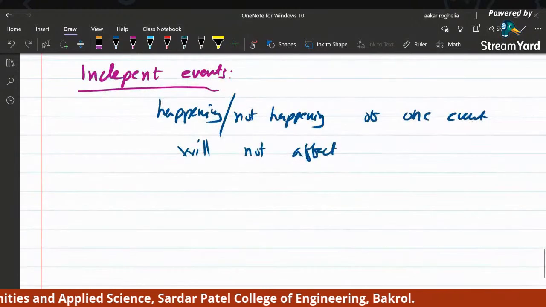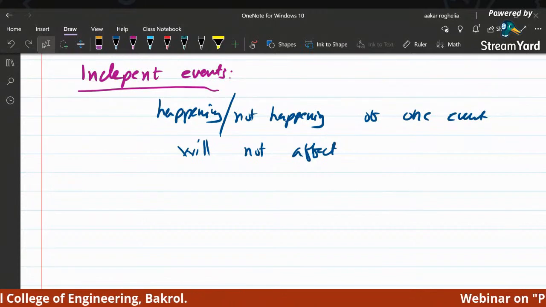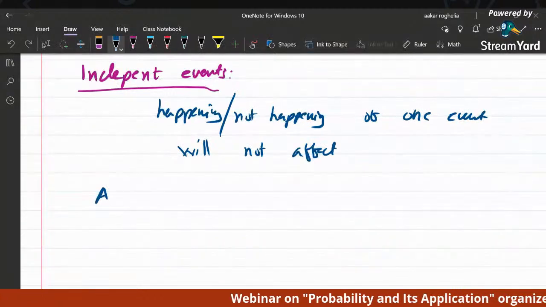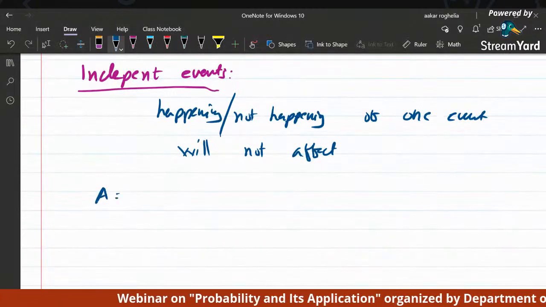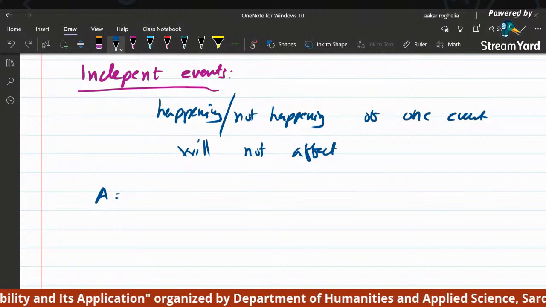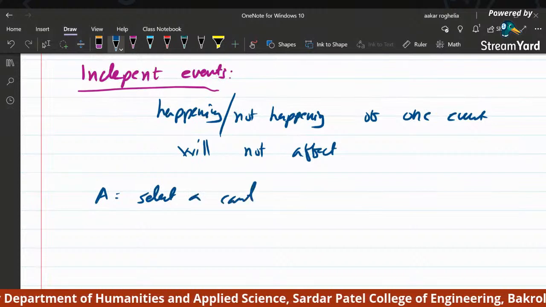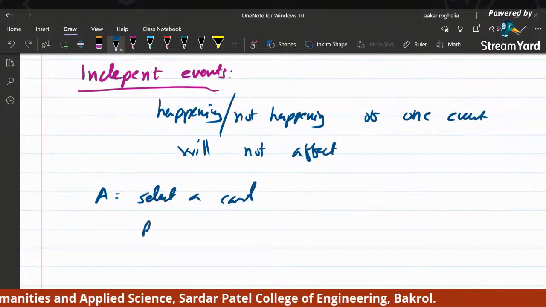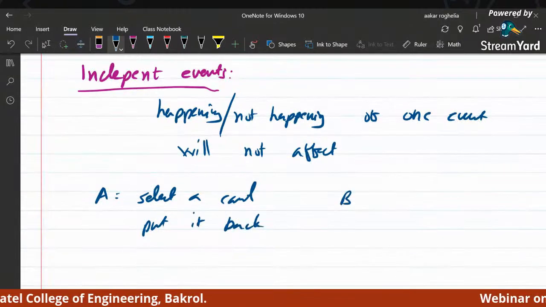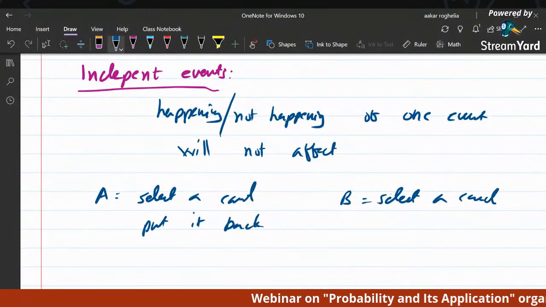Very simple example I can give. There are two events. Event A I'm doing is I will select a card and put it back. And event B is also selecting a card by another person.